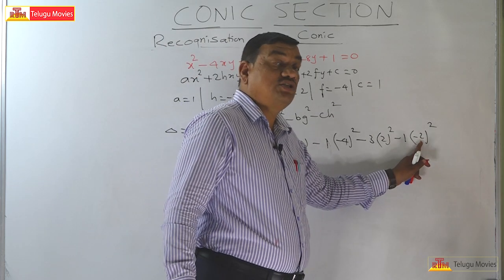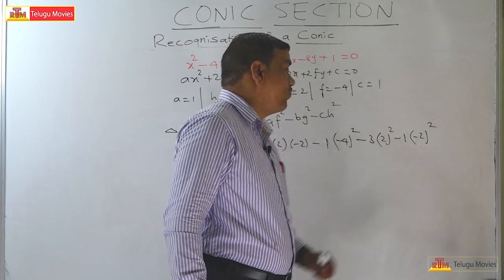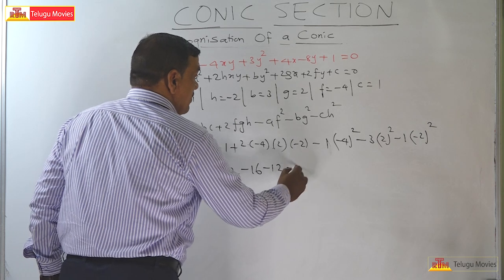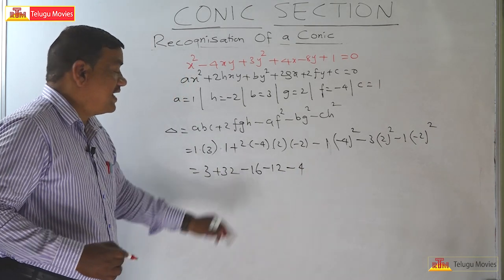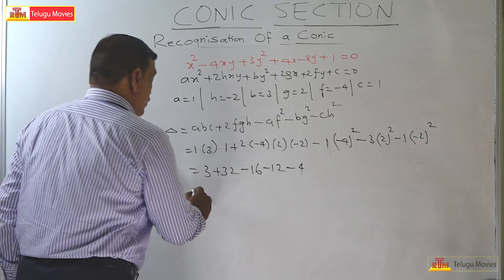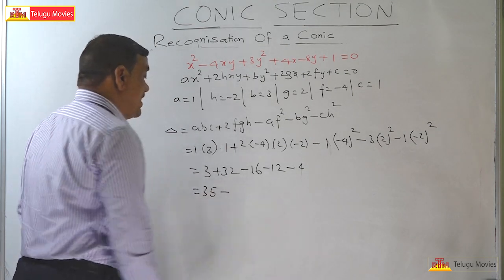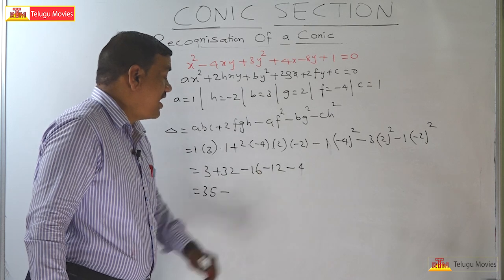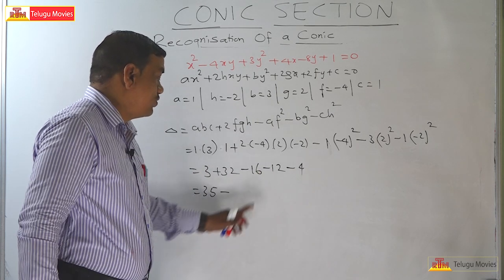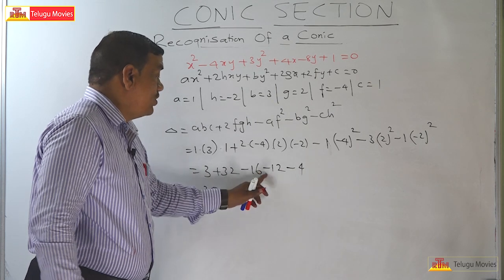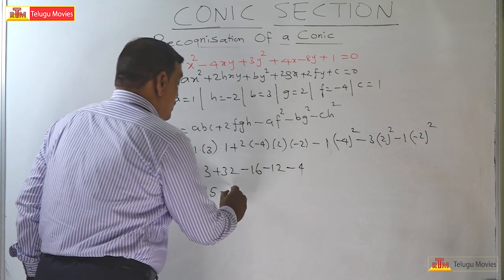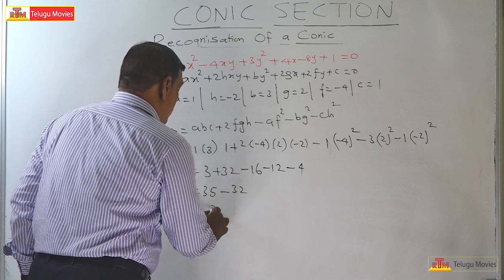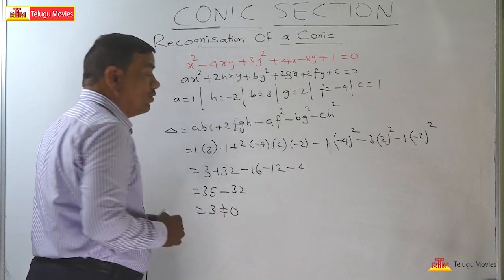This is minus 2 whole square, that is 4, 4 minus 1 is 3... minus 4. Now calculate these values: 3 plus 32 is equal to 35, and then 16 minus 12 is 28, 28 minus 4 is 32. So delta is 32, which is not equal to 0.